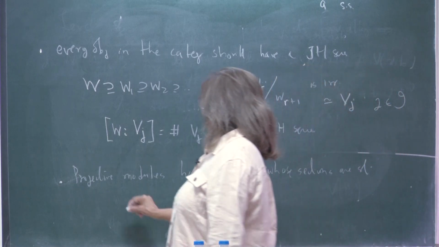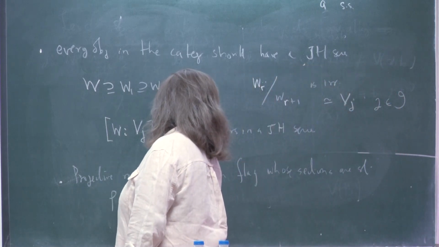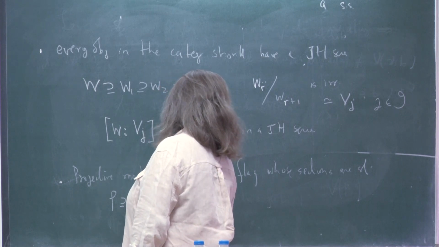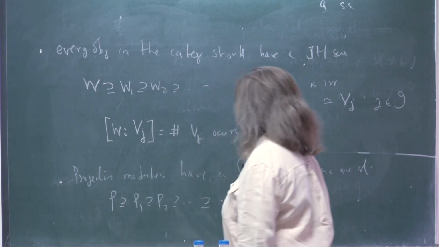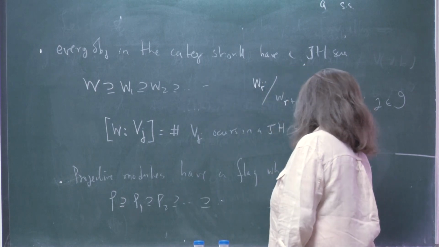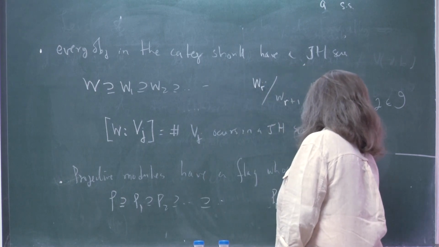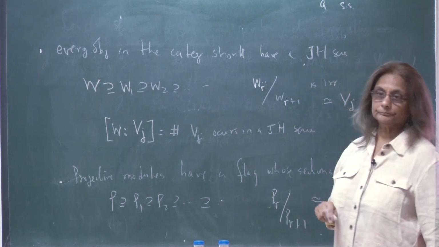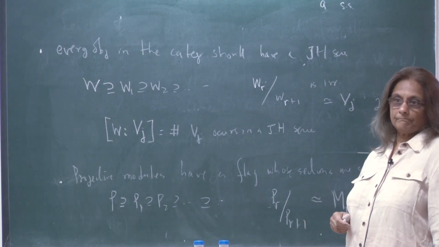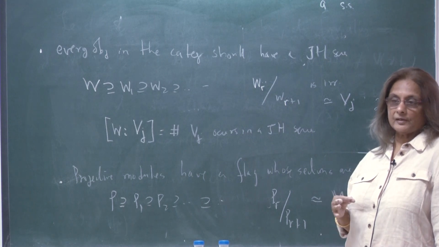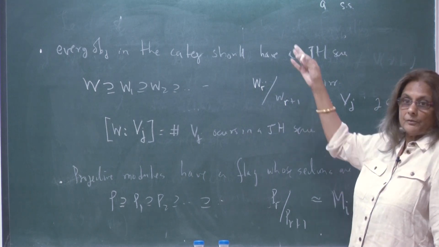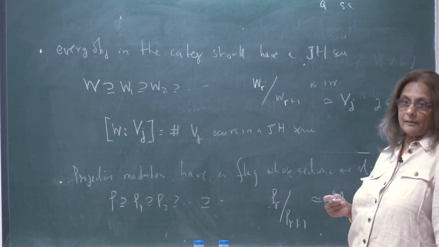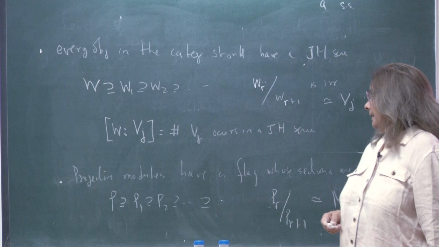That means if I have a P, then I have a decreasing sequence P1, P2, up to Pr, and I need Pr by Pr plus 1 to be isomorphic to some standard module Mi. So every Verma module, for instance, has a Jordan-Holder series. Every projective module in the category O has a flag, called a flag by Verma modules.